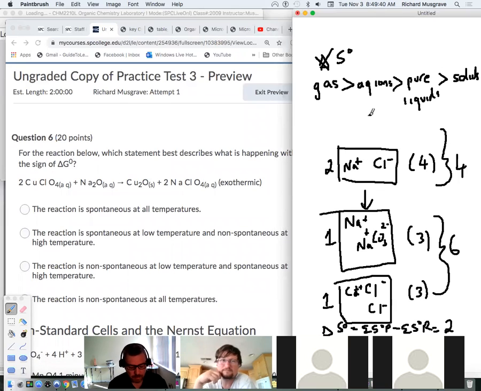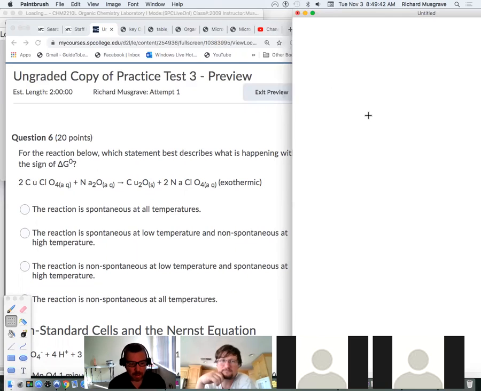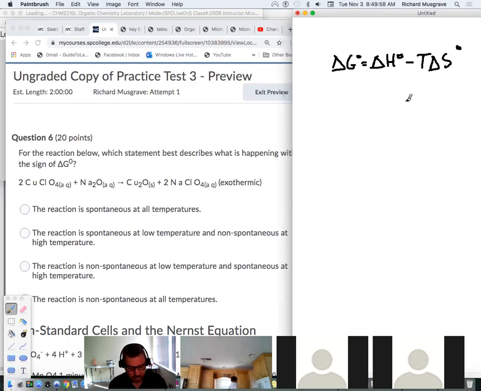Okay, number 6. So we're applying the delta G equation here. And again, once you figure out what delta S is, it has no effect on delta H. That's the other thing I want you to realize.